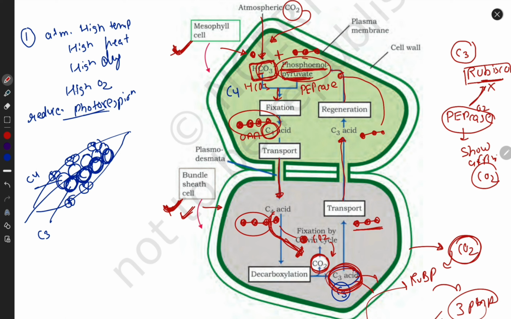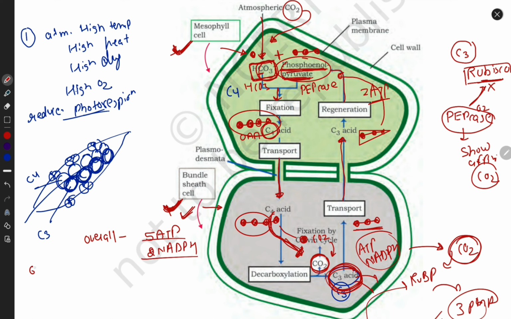Yes, here also ATP and NADPH are used, and for this carbon conversion and regeneration they also use 2 ATP. So yes, energy is also required. Overall in one cycle 5 ATP molecules are required, and 2 NADPH also.